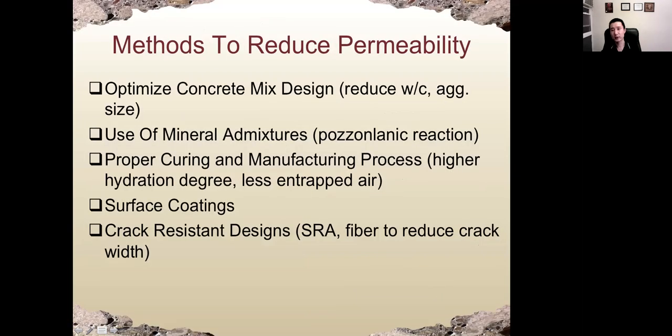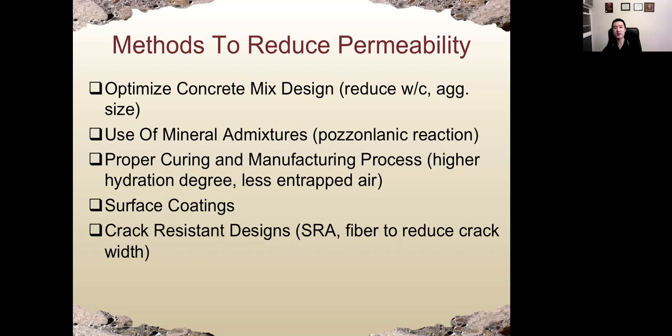So the method to reduce permeability is to optimize the mix design of concrete, not just reduce the water cement ratio. We could also reduce the size of aggregate and other parameters. For example, we could use fly ash or slag or silica fume to reduce the permeability.